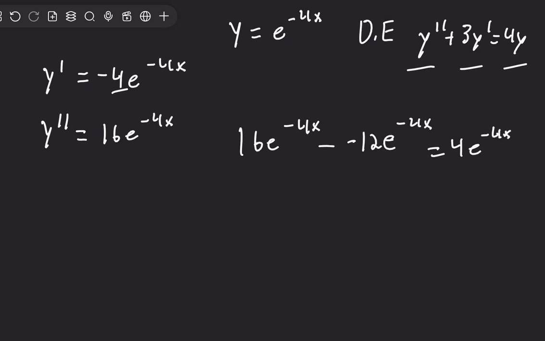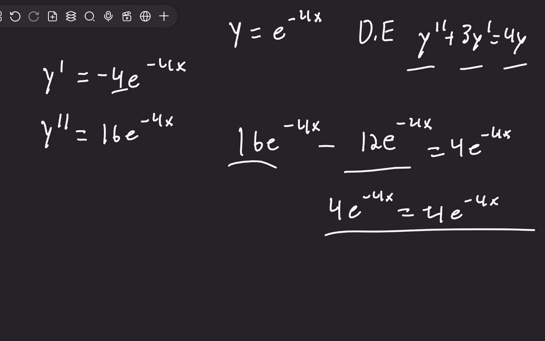Okay, so now what do we get? 16 minus 12 is just going to be 4 e to the negative 4x equals 4 e to the negative 4x. This means this is true.